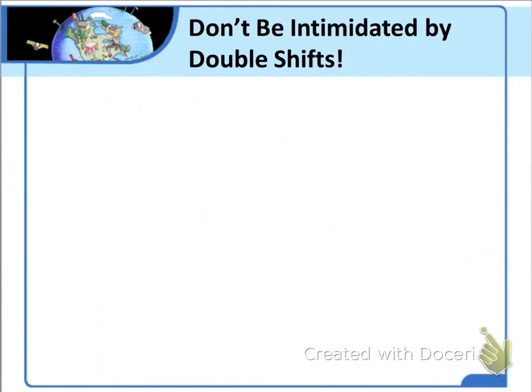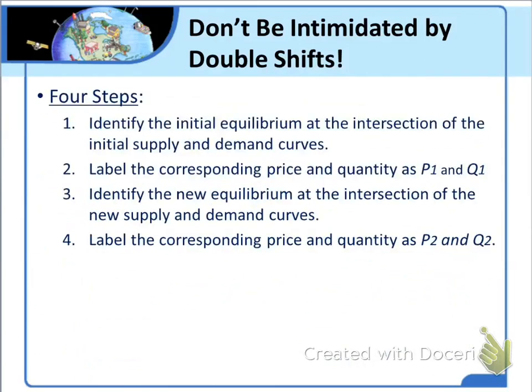Now, it's easy to get intimidated by these double shifts. Even when two curves shift at once, it's easy to track what happens to equilibrium, price, and quantity. The key is to focus on the new and old equilibrium. Don't worry about the mess of lines on the graph. Here are 4 steps that will help you. First, identify the initial equilibrium at the intersection of the initial supply and demand curves.